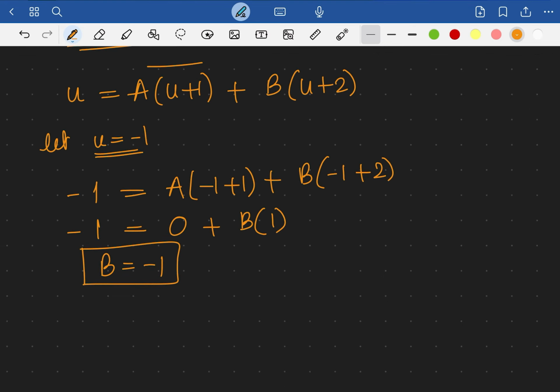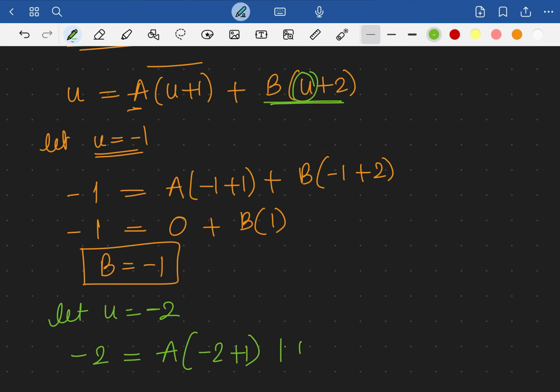In the same way I can find the value of a. Now I can make b 0. If this becomes minus 2, the whole term will become 0. So let u equal minus 2. Hence minus 2 is equal to a times minus 2 plus 1 plus b times minus 2 plus 2.